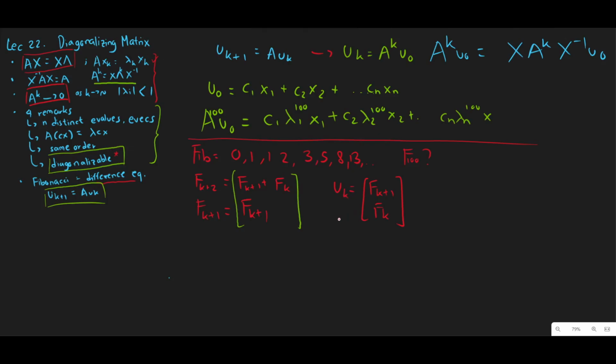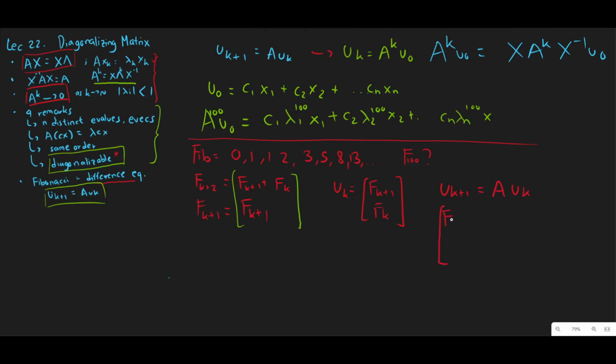Okay, so I can now express my u_(k+1) equal to some matrix A times u_k, which is what we are interested in here, right? u_(k+1) equals A times u_k. So u_(k+1) is what?